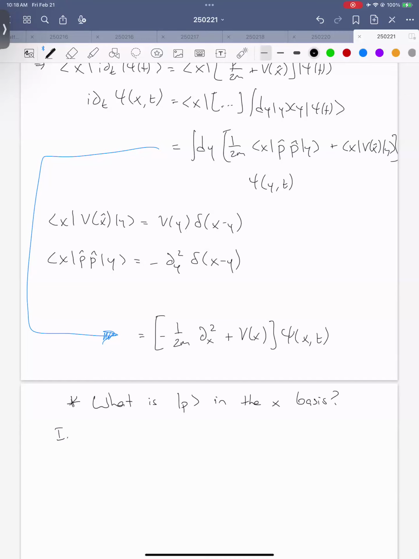So i.e., what is the inner product of x with p, right? This is the wave function for the momentum eigenket.